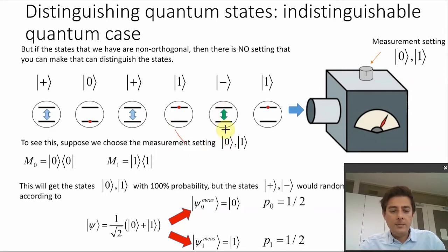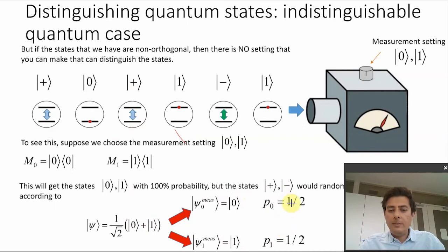Well, for those states, we can work out. For example, let's suppose we had the plus state come in, and we've still got the measurement setting on 0, 1. In this case, if you perform that measurement, then because the plus state is simply equal to 0 plus 1, with the probability half you're going to get 0, and with the probability half you're going to get 1.